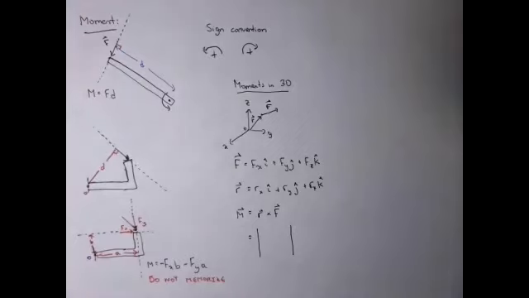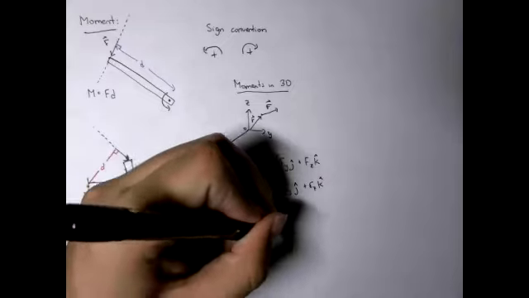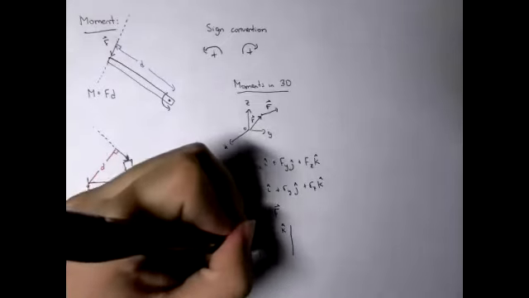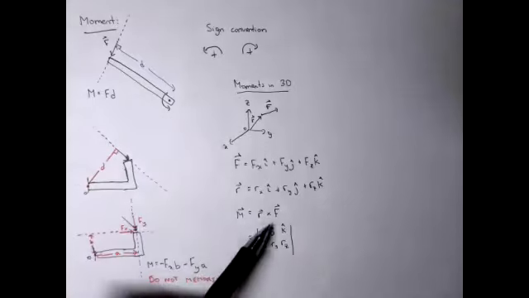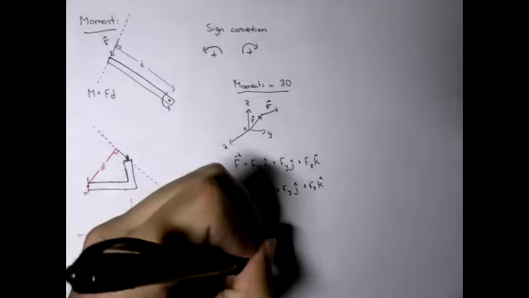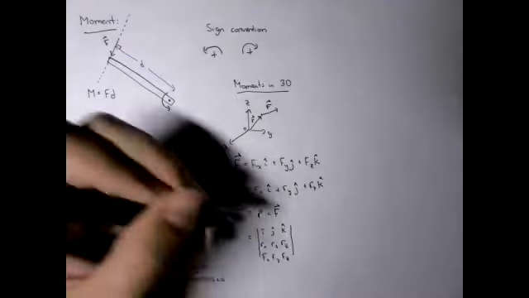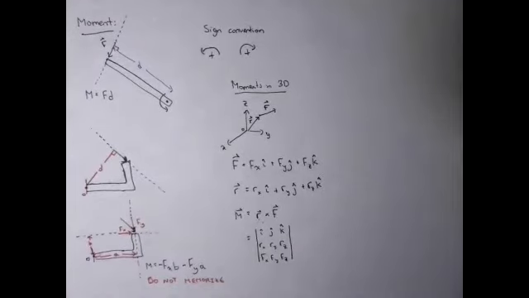And if you didn't remember the determinant, it's okay. We did a bit of a review on it. The determinant was found by looking at your positional unit vectors, the components of your first vector, in this case r, the components of your second vector, in this case f.